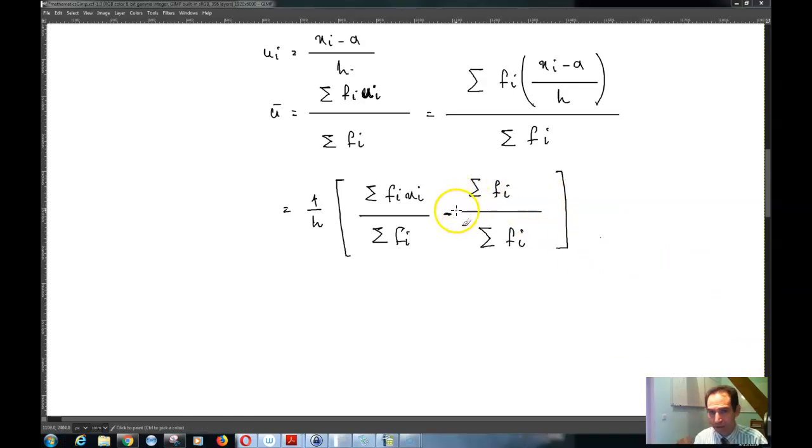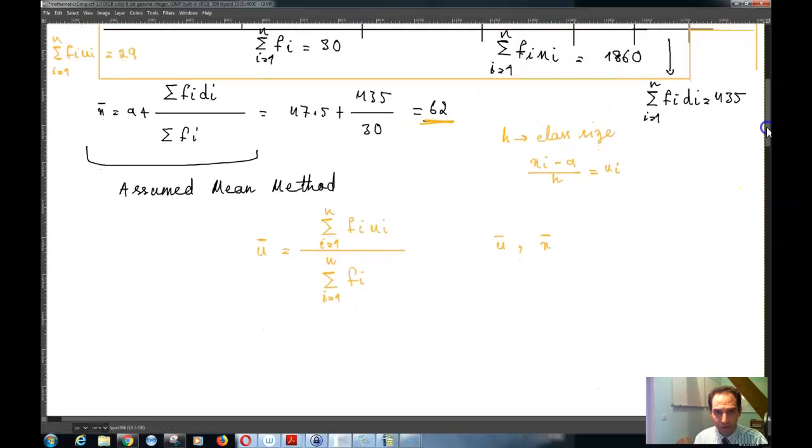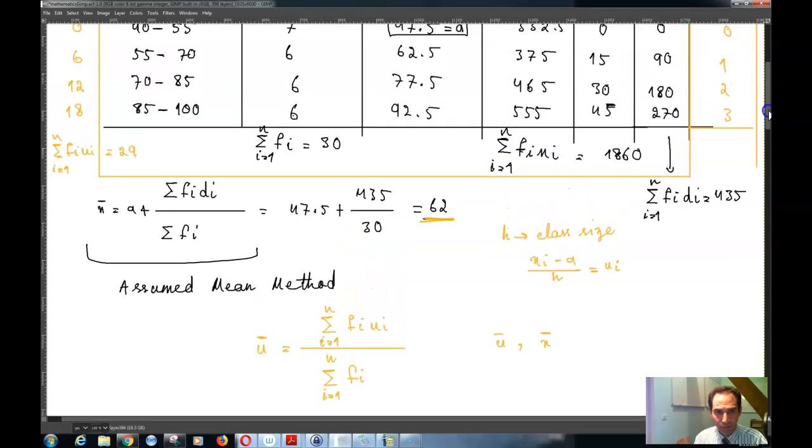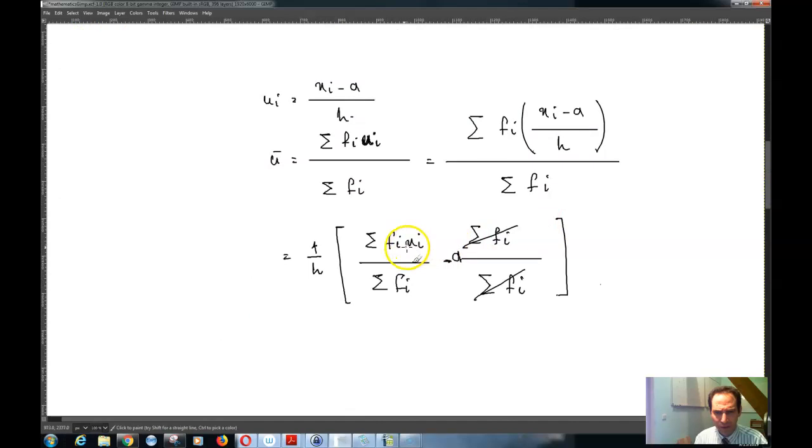So I can write it as a times this, and of course sigma f of i by sigma f of i is going to be 1, and sigma f of i x of i divided by sigma f of i, this is nothing but x bar, right?